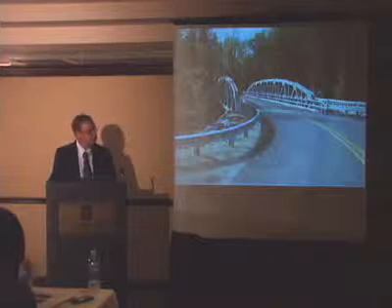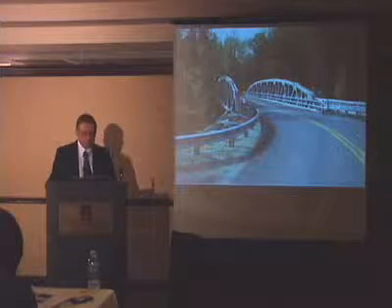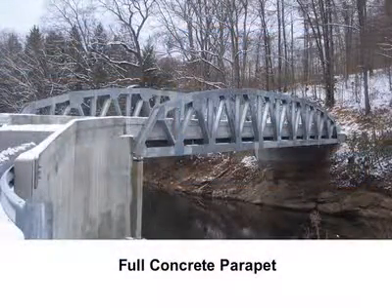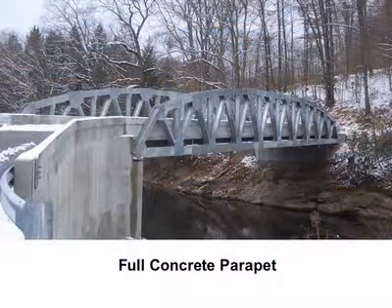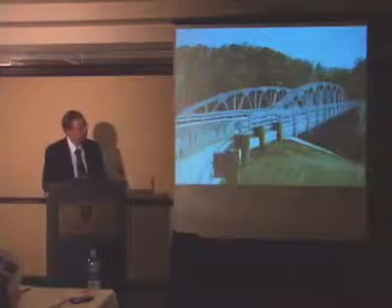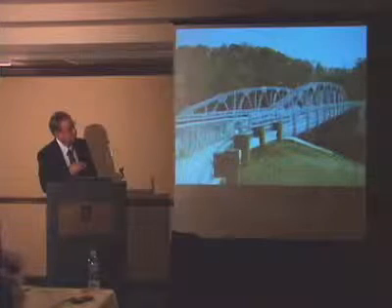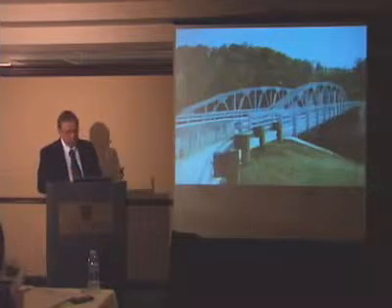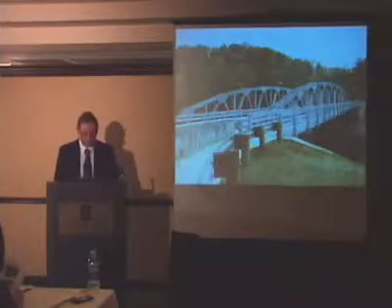Here's the New York DOT's. They have 2 tubes. Of course, there's a full concrete parapet. This is Ohio's twin steel tube. It's kind of in the background here. Twin steel tube. This is on the approach as a curve. The twin steel tube attached to the concrete deck.